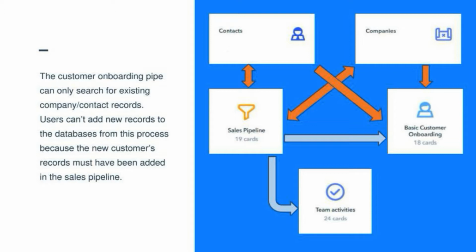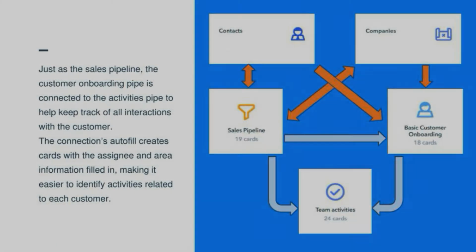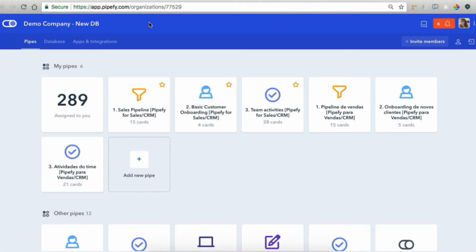So it's only a one-way street, and it only consumes information that already exists in both the contact and company databases. Just as in the sales pipeline, the customer onboarding pipe is connected to the activities pipe to help keep track of all interactions with the customer. The connection's autofill creates cards with the assignee and area information filled in, making it easier to identify activities related to each customer.